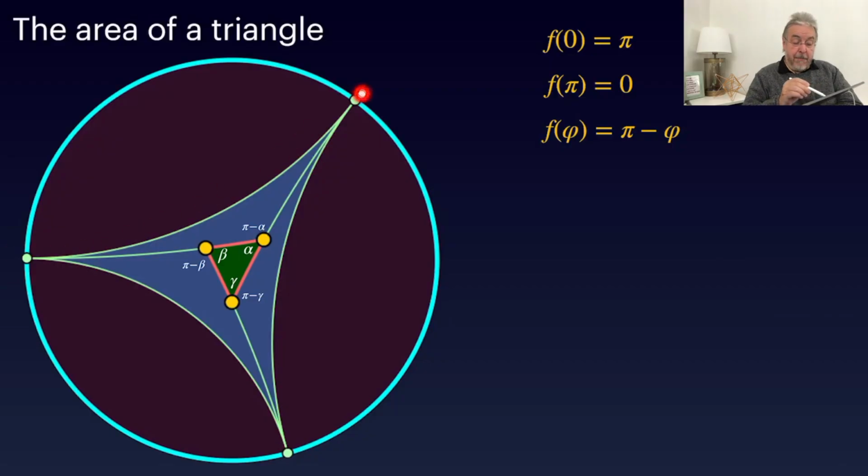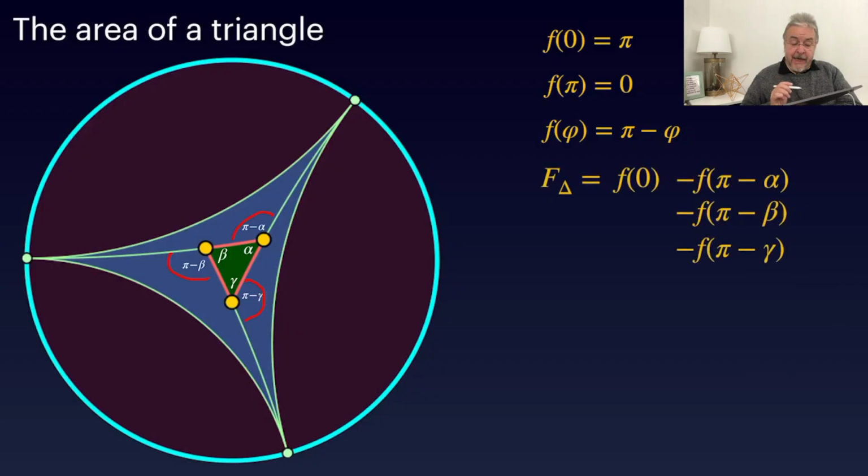So you get a big triangle, which is one of those with all angles 0, so we know its area is pi. And then you get three small blue triangles here, and each of these small blue triangles is of the form that we just studied. So here at these places you get angles that you actually can measure, and they are the counter angles of alpha, beta, and gamma.